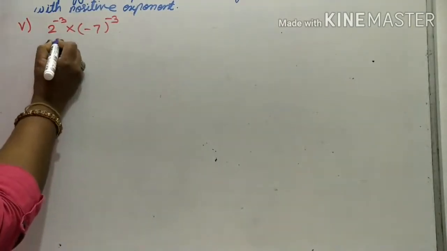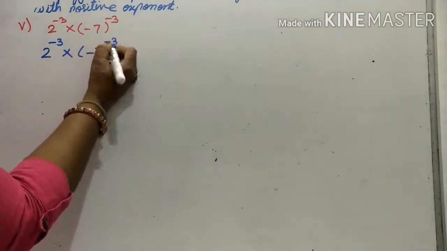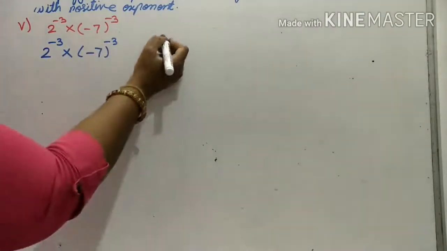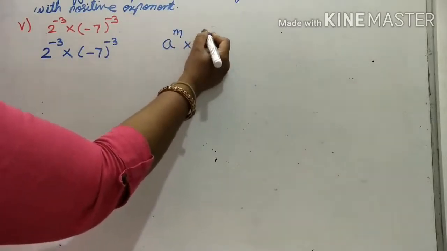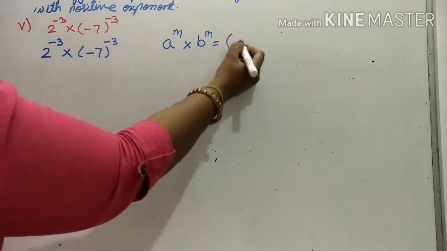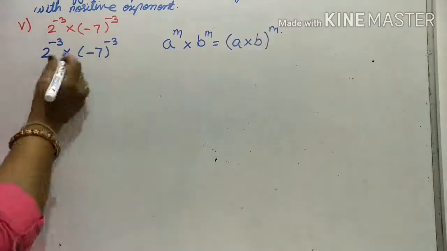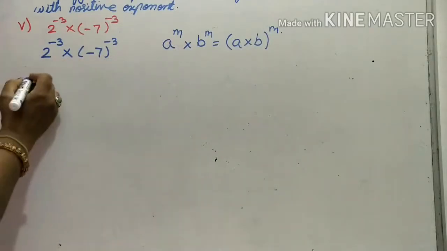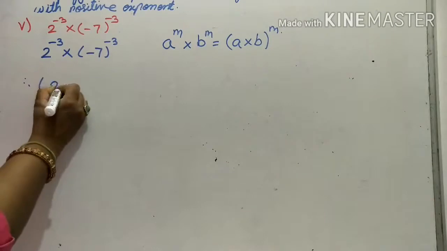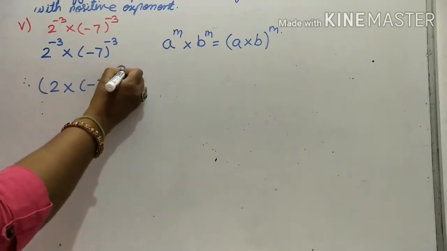Fifth one. 2 raised to minus 3 into minus 7 raised to minus 3. Here we'll use the law a raised to m into b raised to m is equal to a into b raised to m. Here a means 2 and b means minus 7. Therefore, 2 into minus 7 raised to minus 3.